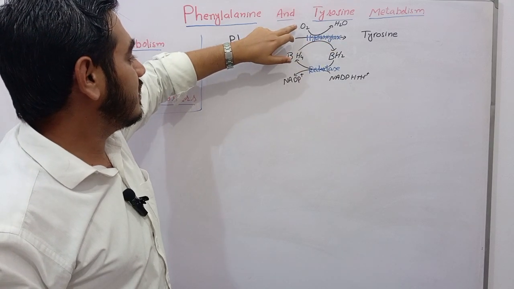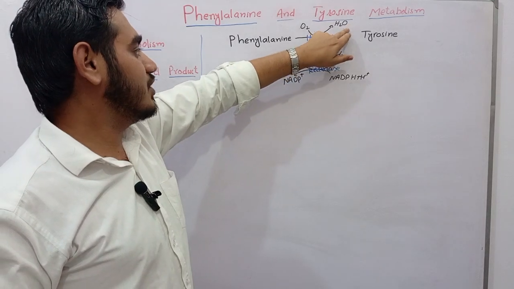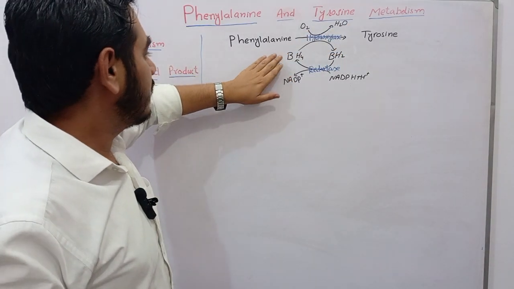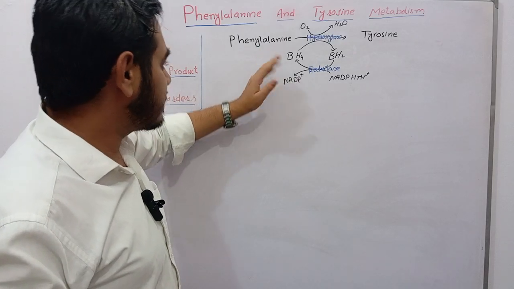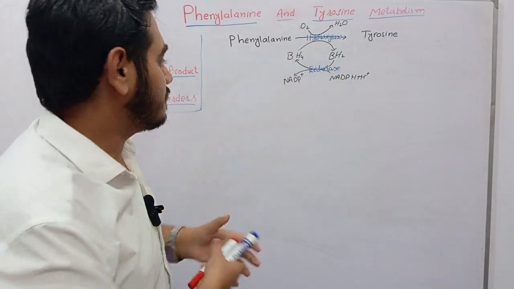enzyme. There is the incorporation of O2, oxygen, and there is the release of H2O, a water molecule. And here BH4 is also utilized, and this is a coenzyme which converts into BH2.